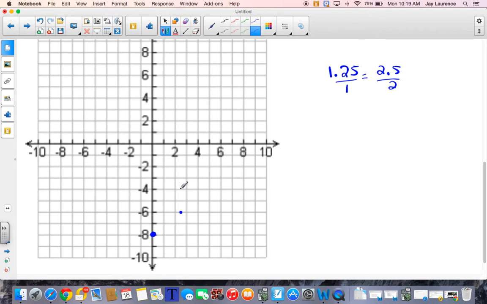And then up 2, over 1, $2.50, and again and again. Oh, look at this. See how I did that? I used a different form of the slope. All right, there's my graph.